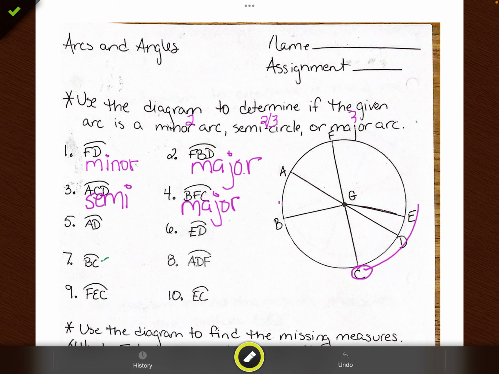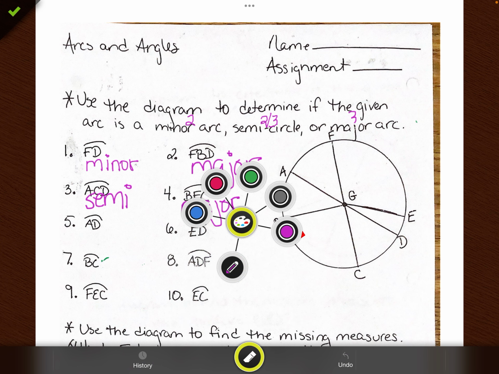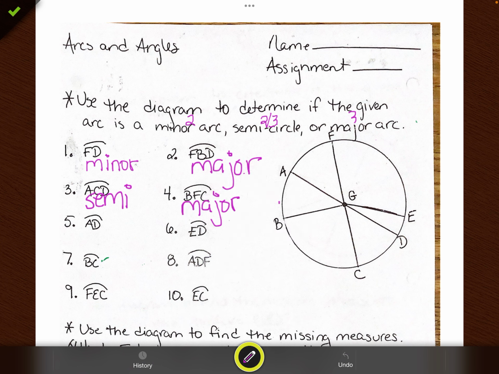Again, erase. Look at arc AD. So A to D. Now, if you look at AD, remember you don't go through, you go around. So there you go. Now, shortest distance. You could either go that way or you could actually go this way. Either or. Semicircle.